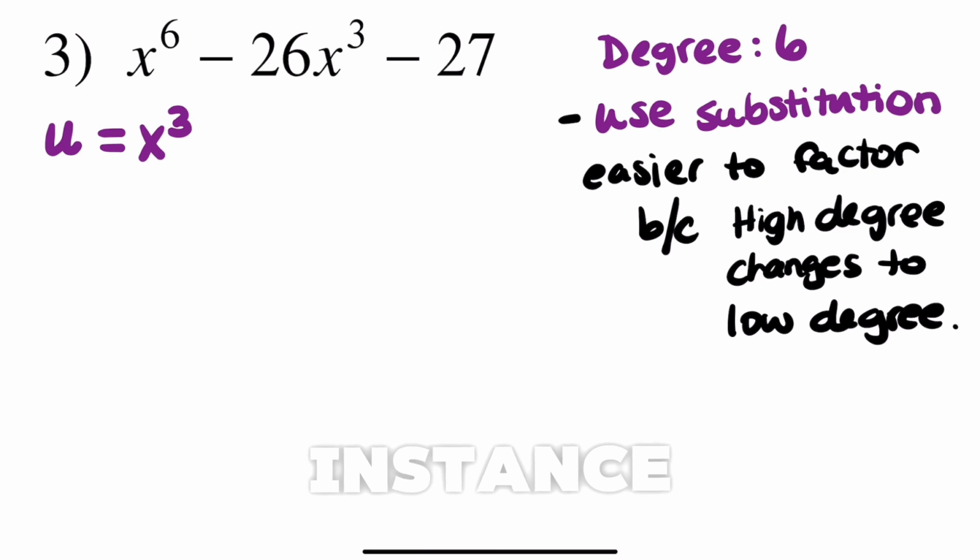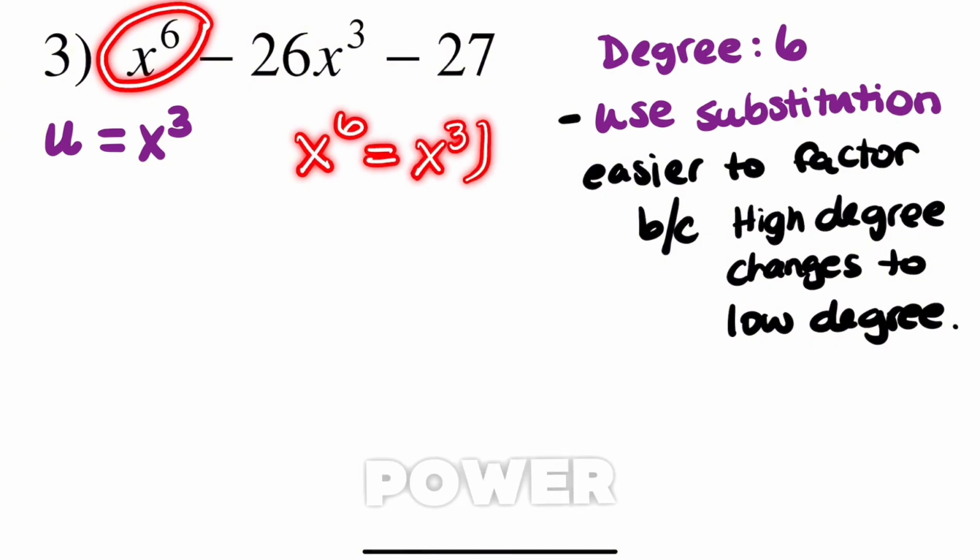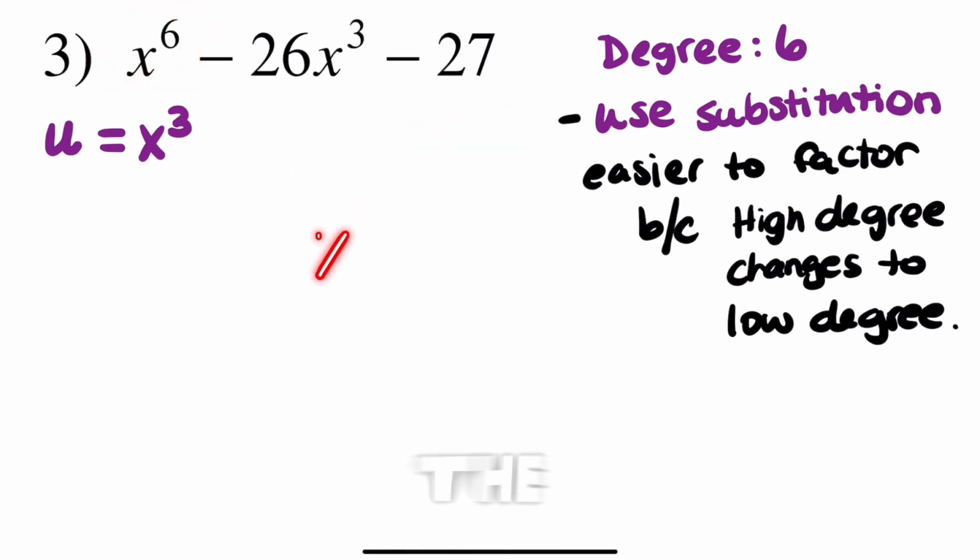For instance, the problem starts with x to the sixth power. Well, x to the sixth power is the same as x to the third power squared. So I can rewrite x to the sixth power as u to the second power.